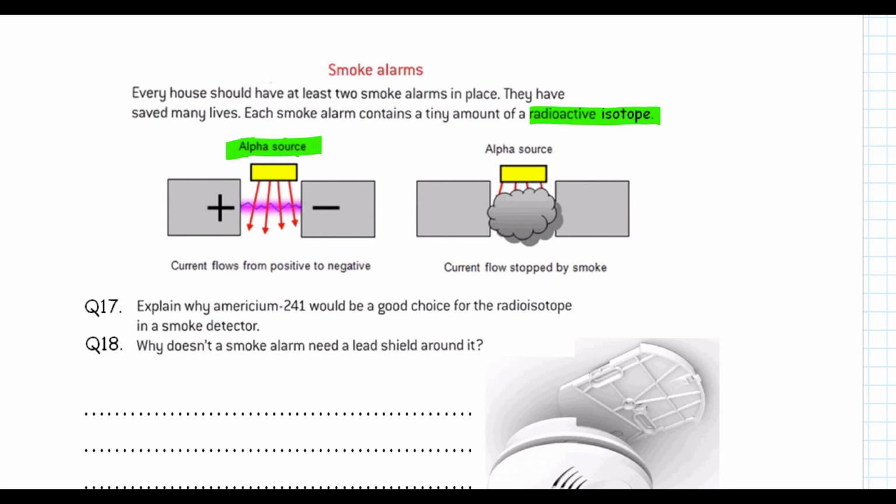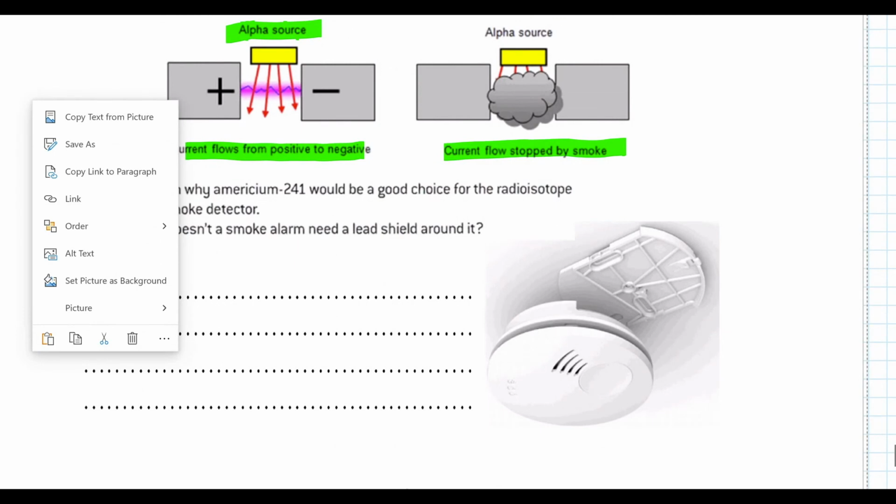The only way people get affected by alpha is if it's inside the body, if it's breathed in or gets inside the body somehow, because then it can ionize the cells inside the body. So you can see there's a current that flows from positive to negative, but then when smoke is introduced, that current stops.